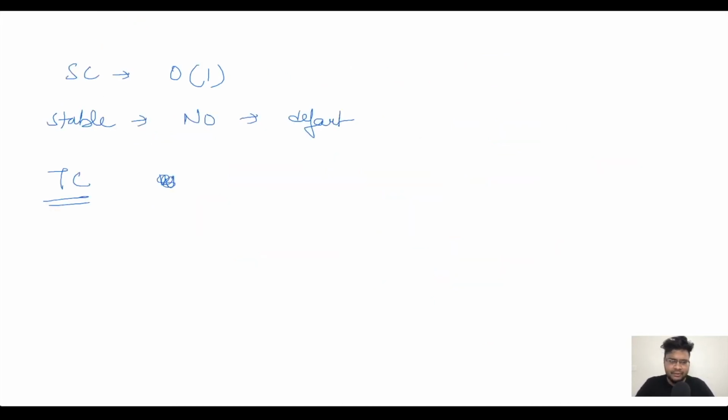Let me write it down here. In the worst case scenario, if I have n as the number of elements, in the first iteration I will be keeping 0 here and n minus 1 on the right hand side. Again 0 here, n minus 2 here, 0 here, n minus 3 here, and this will keep on going.